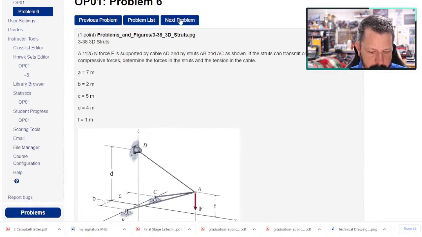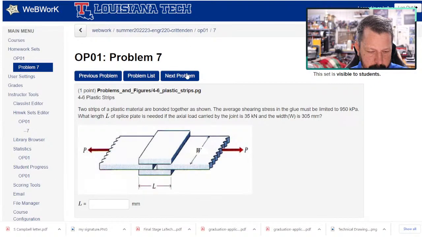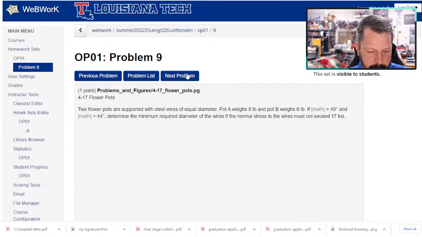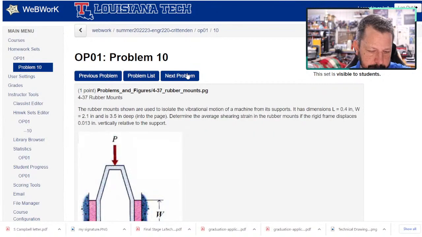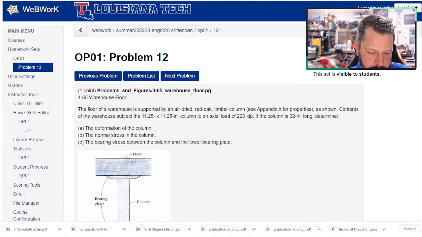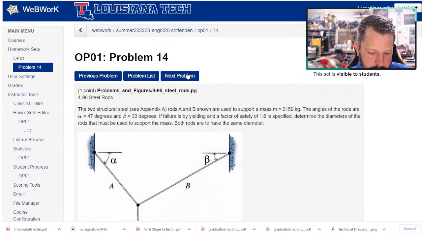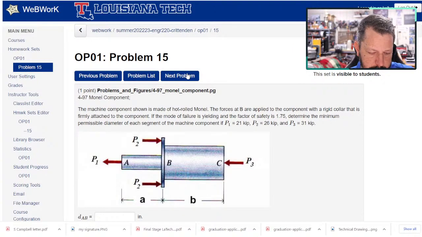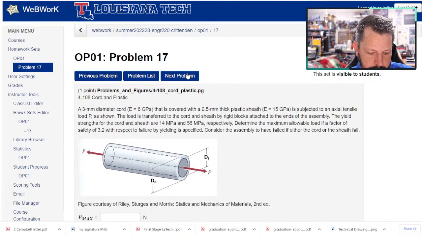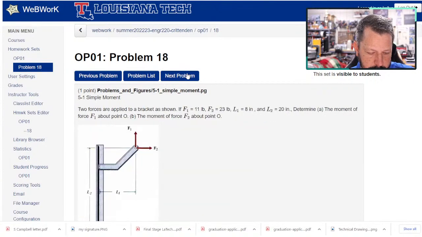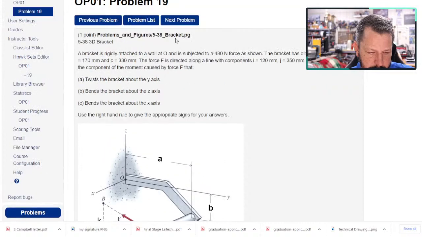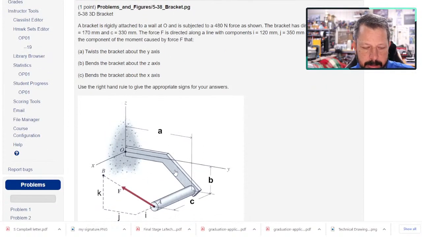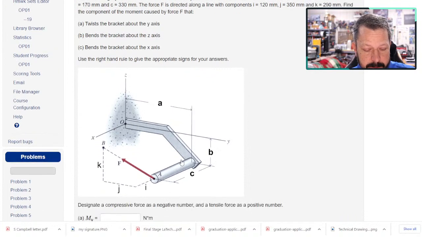That is not. That's not. We're getting closer. We'll have to talk about these now that we have done moments. This is moments in 3 dimensions. We'll have to talk about those later.